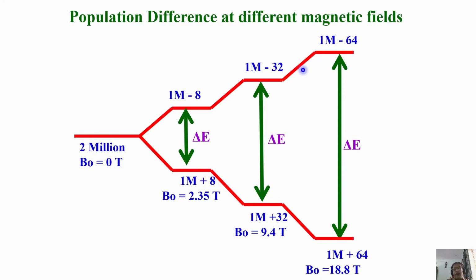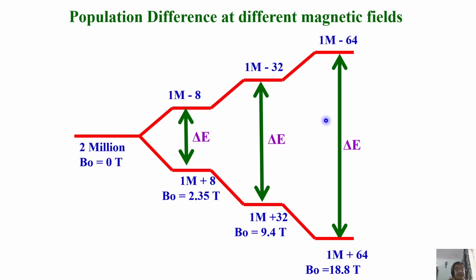So I have increased the magnetic field 8 times, 2.35 Tesla became 18.8 Tesla. But what is the difference of population you are seeing? Only 128. My God, look at the difference you are seeing. From a 16 spin difference in 2 million, by increasing the magnetic field 8 times, you made it only 128. What great thing you have achieved. Just from a 16 spin population difference, you took it to 128.